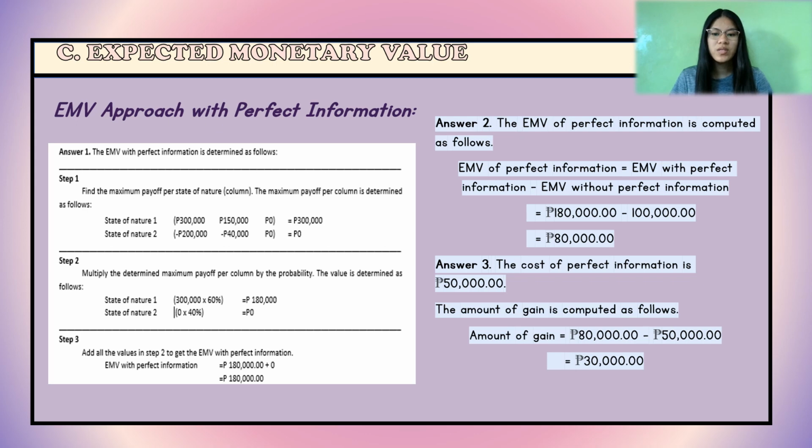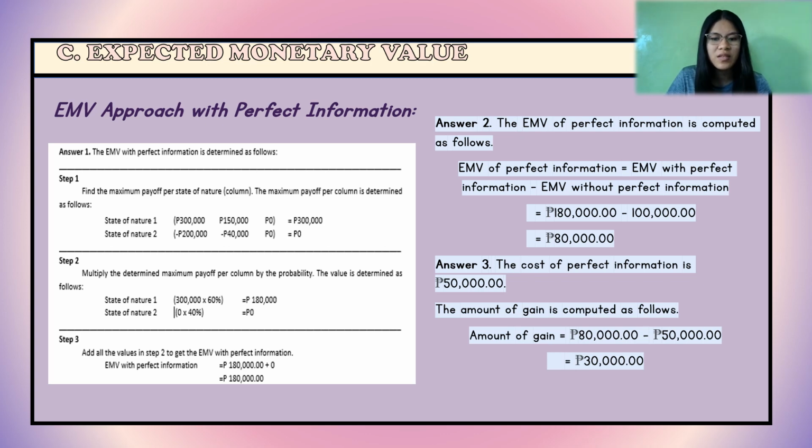Answer 2, the expected monetary value of perfect information is computed as follows. Expected monetary value of perfect information is equal to expected monetary value with perfect information minus expected monetary value without perfect information.